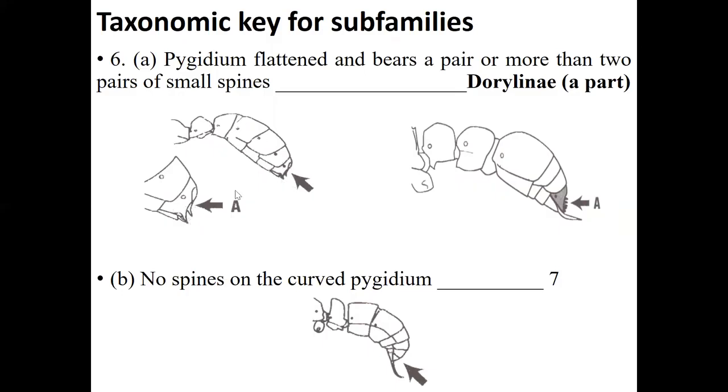This region is enlarged to show you the pair of spines. So a pair of spines is present on the pygidium. This is the pygidium, and here several pairs are present.